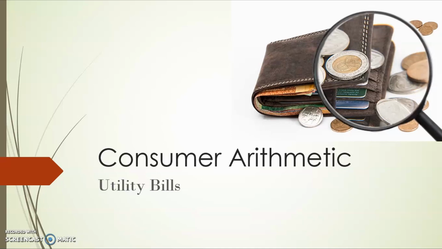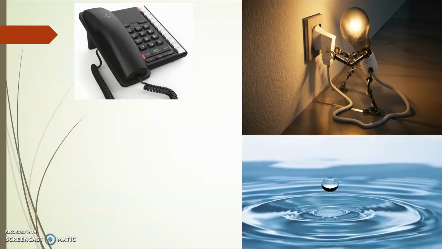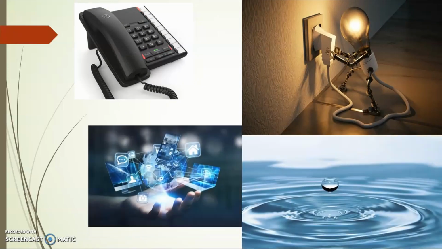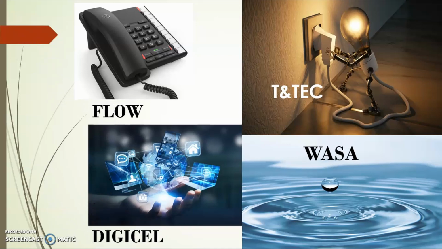Consumers are billed on a regular basis for goods and services for utilities such as electricity, telephone, water, cable for television and internet access. The charges for such services depend on their particular usage and bills are issued on a regular basis. Some of the utility companies in Trinidad and Tobago are TNTech, WASA, Flow, and Digicel, just to name a few.